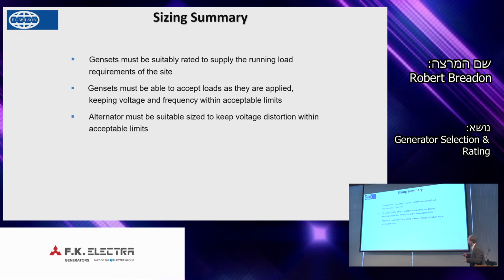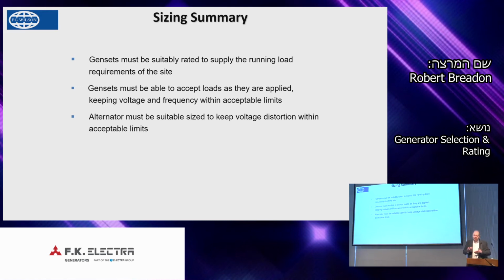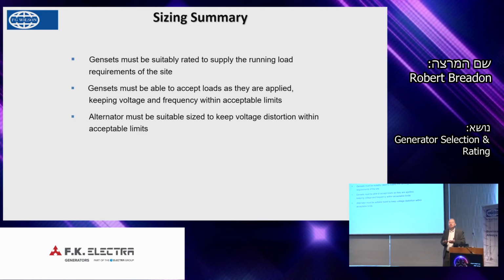So that's very important. The quality of the output and how the building works, the selection of the machine and how you size it is critical to that. And if you've got a lot of non-linear load, the alternator is selected to deal with that.